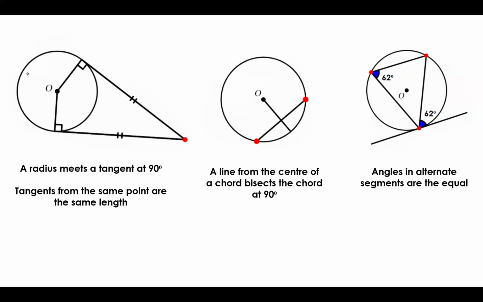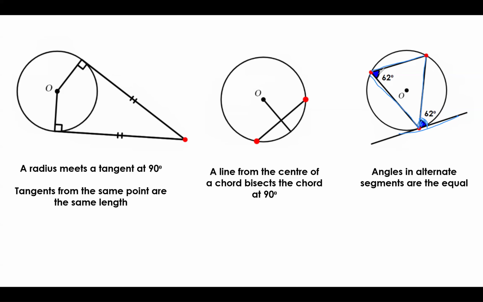And then lastly, we have the alternate segment theorem, which we can see as, let's say, if we have a chord and a tangent, the angle created between that chord and the tangent is going to be equal to the angle in the alternate or other segment. So this is our minor segment. This is our major segment. Now, from this chord, we are creating this angle over here.